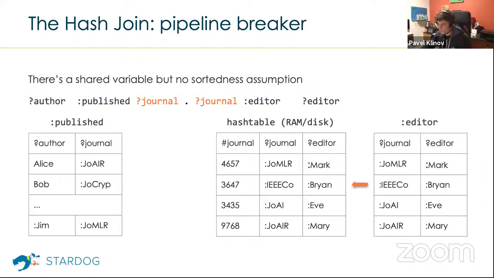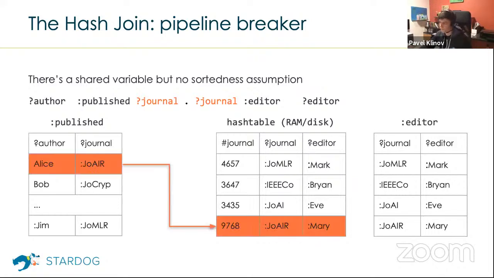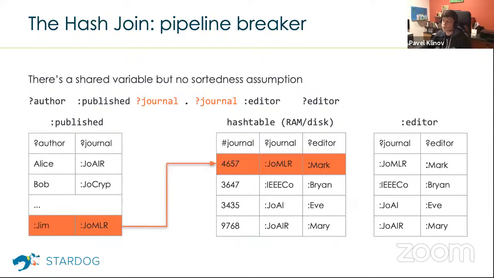So while the whole relation is hashed, nothing else is happening, at least in those parts of the query evaluation which need the results of this join. And only after that, we can iterate over the other relation linearly and probe in the hash table and then produce the results.